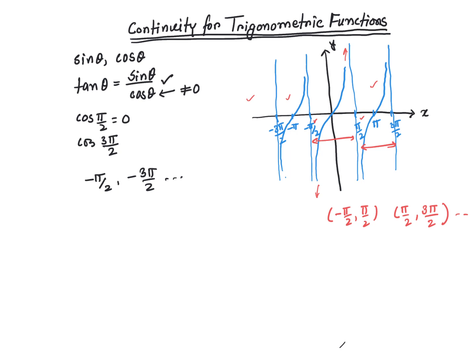And in the other direction, from negative 3 pi over 2 to negative pi over 2, and it keeps going that way.